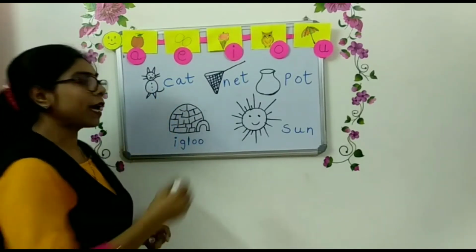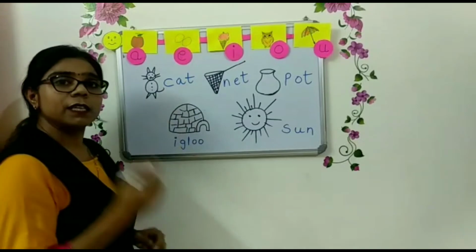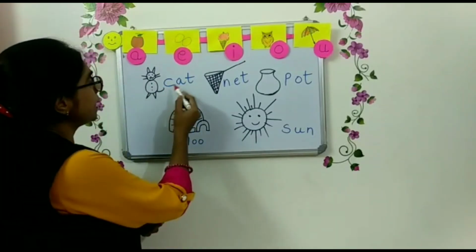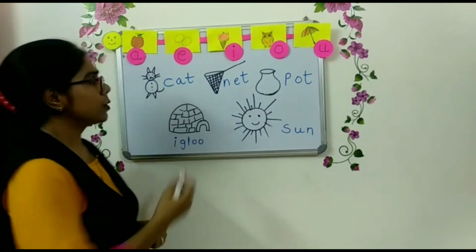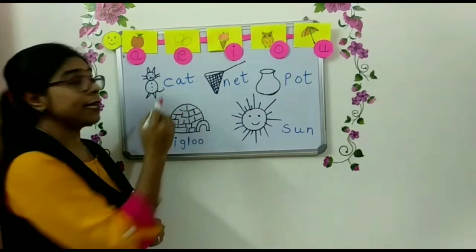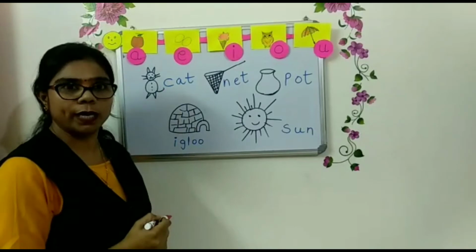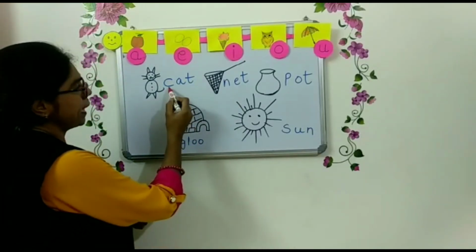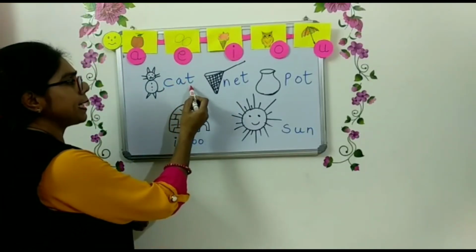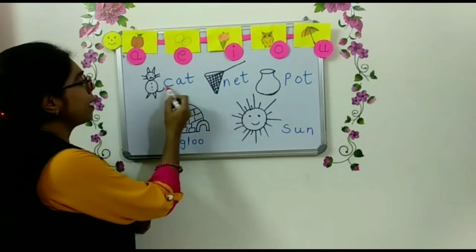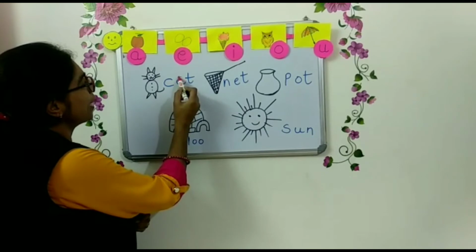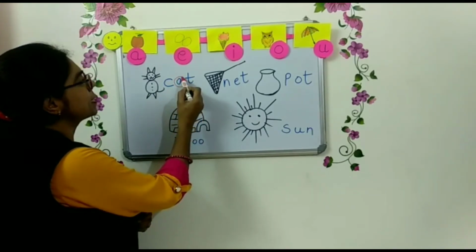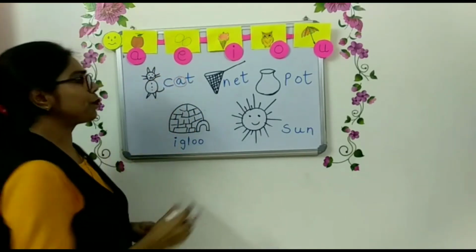What is the spelling of cat? C-A-T, cat. Can you find out in these 3 letters where the vowel is? First, you have to read each letter carefully. C, A, T, cat. Where is the vowel? Correct, here is A. So A is a vowel. We have to make a circle on A.